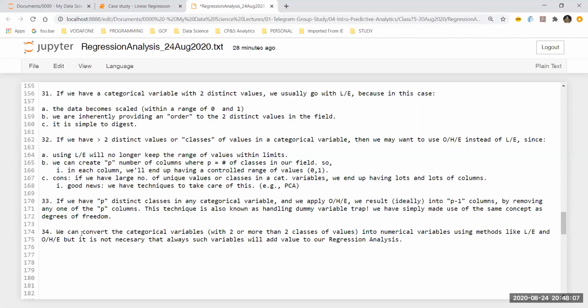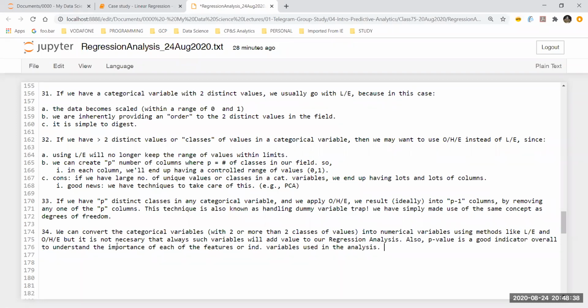The second thing that we have noticed, if you remember, is that p-value is also a good indicator overall to understand the importance of each of the features, or independent variables, used in the analysis.